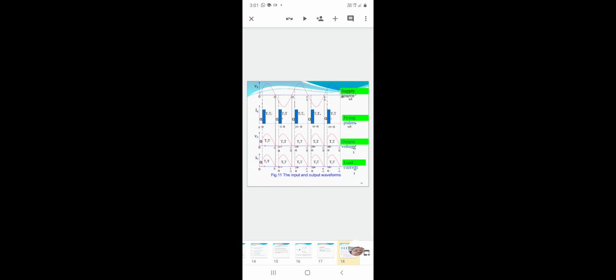The source is equal to the load voltage. During the negative half cycle, the output is clipped to the positive side. Here we have to observe in this circuit that the anode of T3 is connected to the negative terminal and the cathode of T4 is connected to the positive terminal.